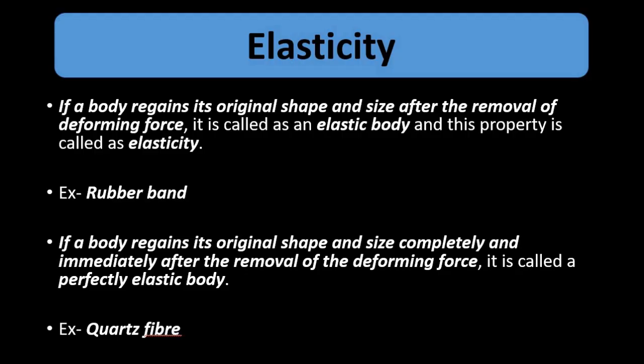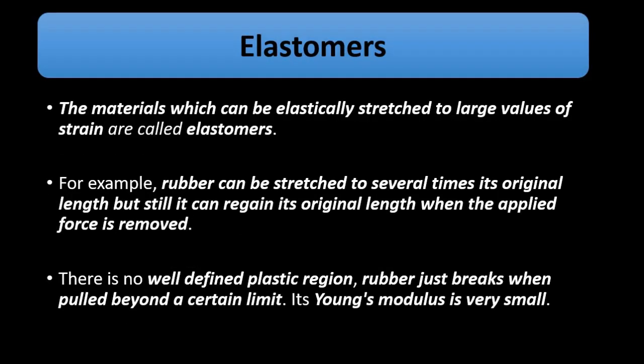And if it is permanent and it does not return back to its original shape and size even on the removal of the deformation force, that is plastic behavior, that is plasticity. Here we also discussed the concept of elastomers, which is hyperelasticity, where the elastic nature is very high, Young's modulus is low, and there is no well-defined plastic region. So basically hyperelasticity is elastomers.